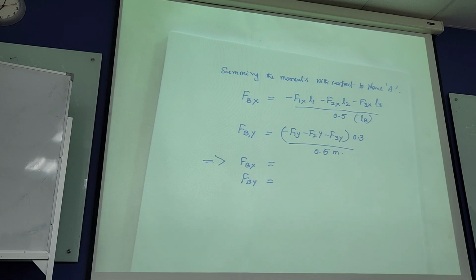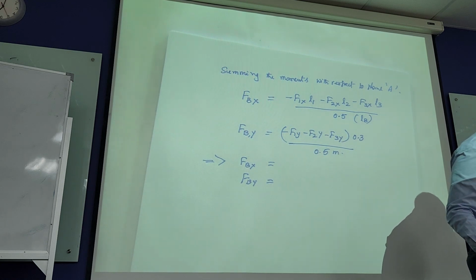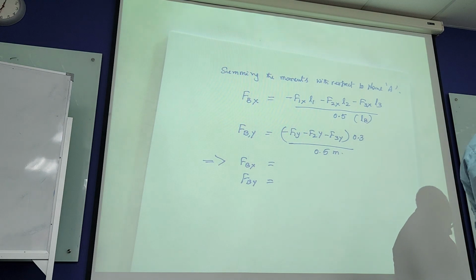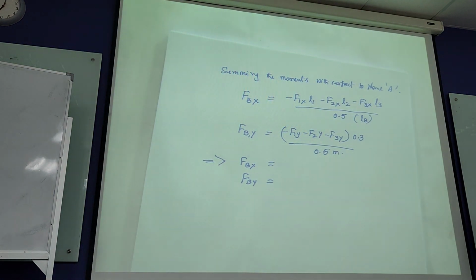So your L1, L2, L3 is all 0.3. So any answer for FBX?